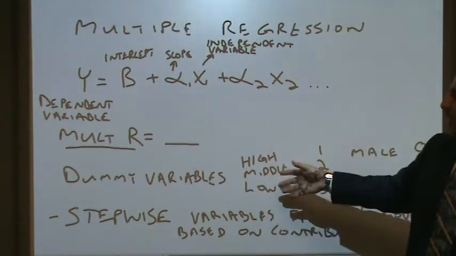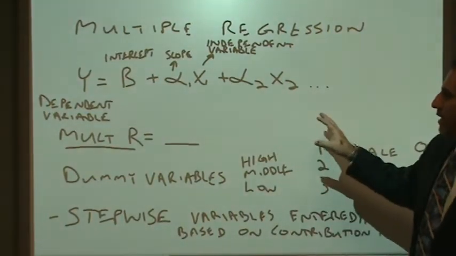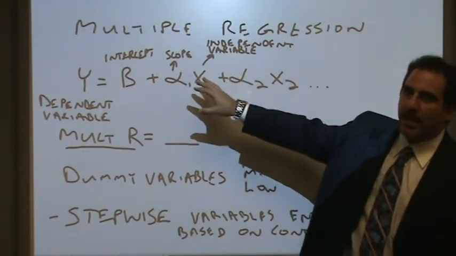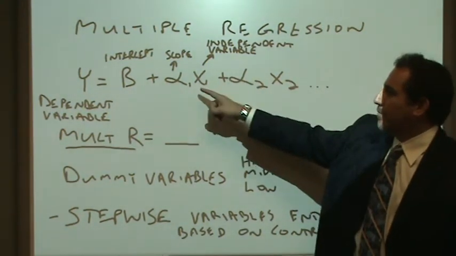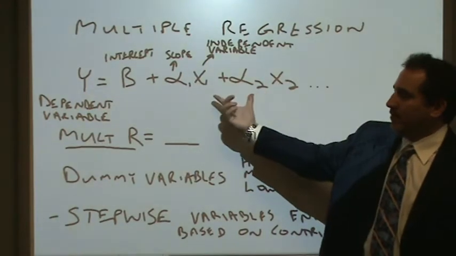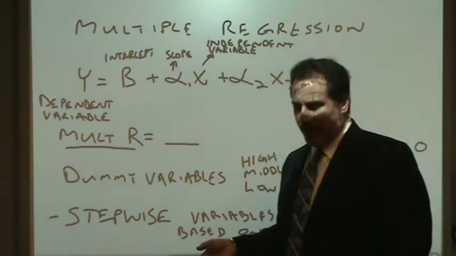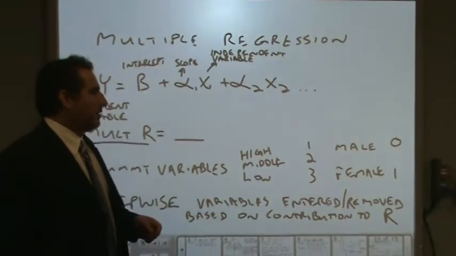Let's say that x2 was education or something, and the procedure might determine that actually you don't need x1 if you have x2. Because there's so much overlap that it doesn't make sense to leave both of them in the equation. Stepwise algorithms are very typically used in multiple regression equations.